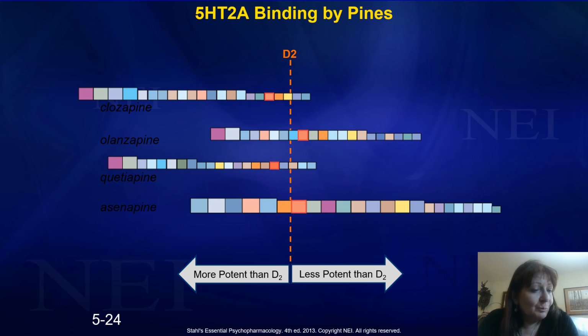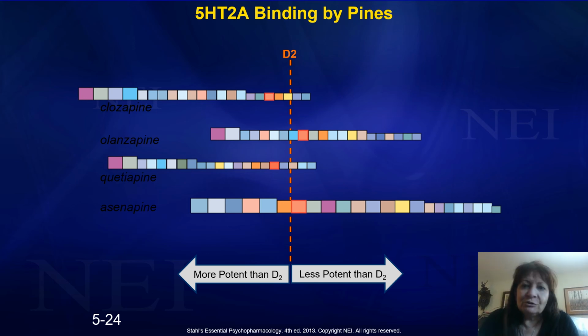Okay, so binding properties are more potent than D2 on the left and less potent than D2 on the right. In addition, the -pines bind more potently to the 5-HT2A receptor than to the D2 receptor.